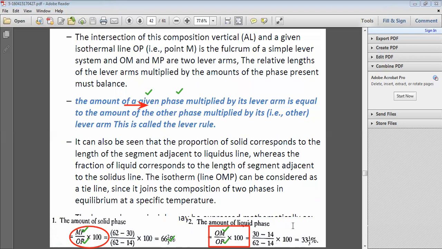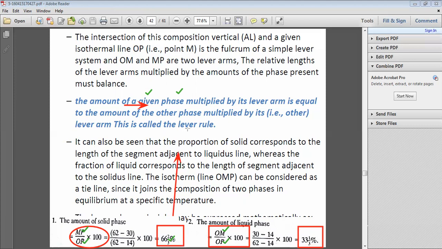So this is the amount of liquid phase present, and this is the amount of solid phase present, when we calculate through the lever rule.